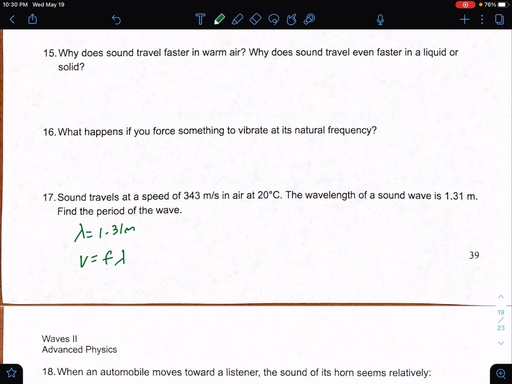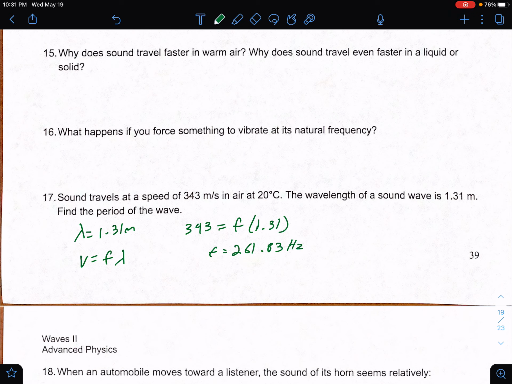If I want to find period, I need to find frequency. So I know my velocity is 343, my frequency I don't know, and my wavelength is 1.31. So that means my frequency is going to be 261.83 hertz.